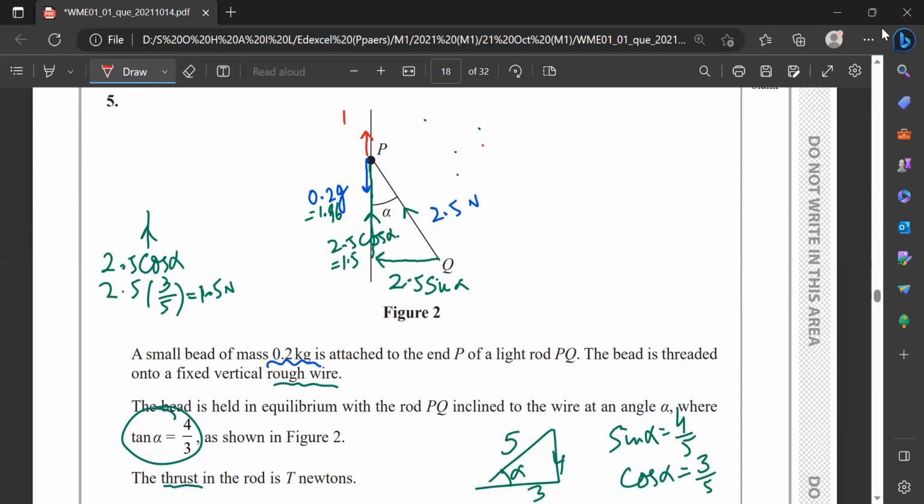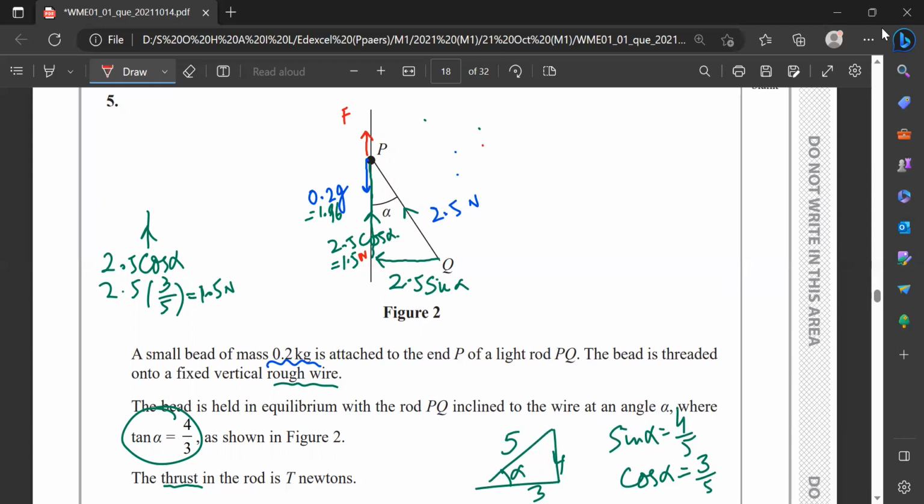So this is how you can find the direction of the friction. You find the component of the thrust in the upward direction, that is 1.5 newtons, and the weight is 1.96. As 1.96 is greater than 1.5, some other agent is helping the 1.5, and that is the friction force acting in the upward direction.